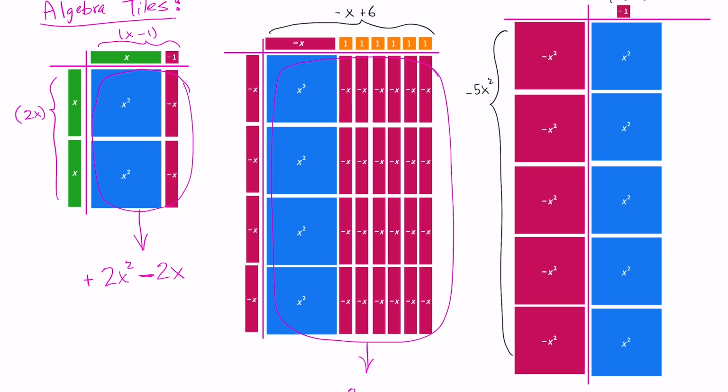That is because we're just looking at one group of x squared. That's what's happening here. That's all I'm going to say about that.